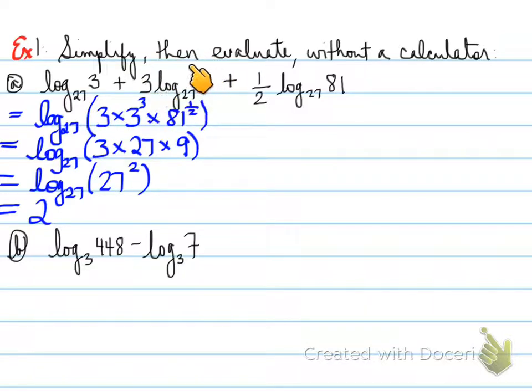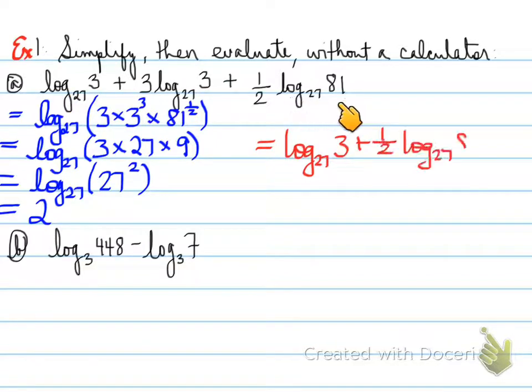So let's look at an example. Log base 27 of 3 is equal to 1/2 log base 27 of 81 plus 1. The reason the plus 1 comes from is from here. Here, it's log base 27 of 3 to the 3. 3 to the 3 is 27. So you have log base 27 of 27, which is equal to 1. That's where the 1 came from.